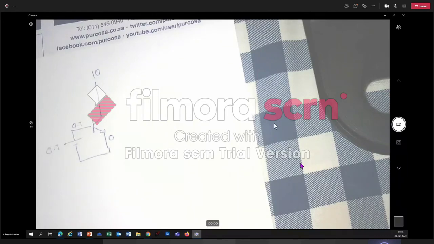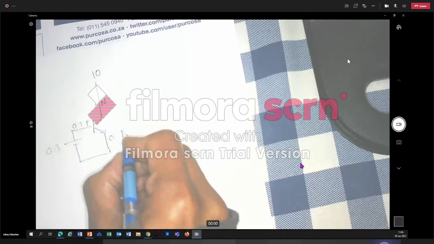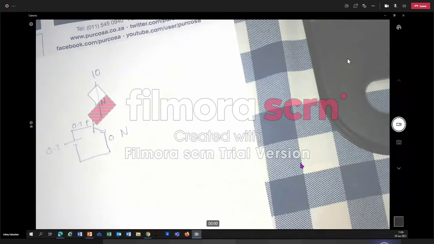Collector is N, base is P. Talk about the collector base junction.